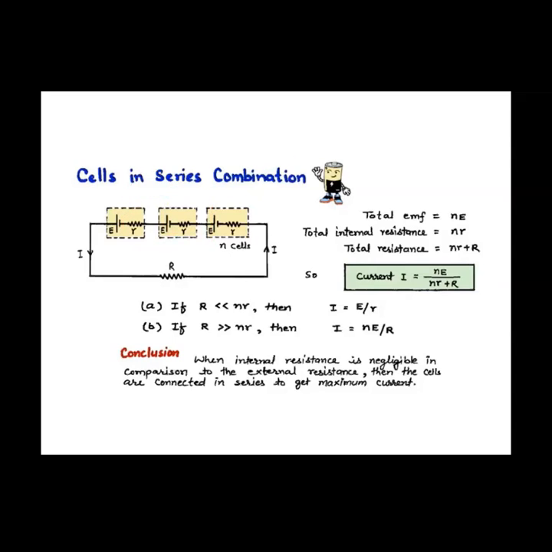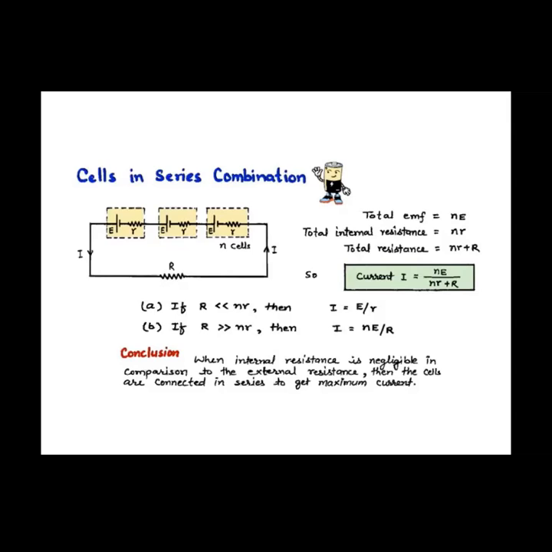Now here, children, we are having n cells, and we are connecting them all in series. The EMF, we have done electromotive force, right? Electromotive force is the maximum potential difference between the terminals of a cell when no current is drawn from the circuit, right, children?